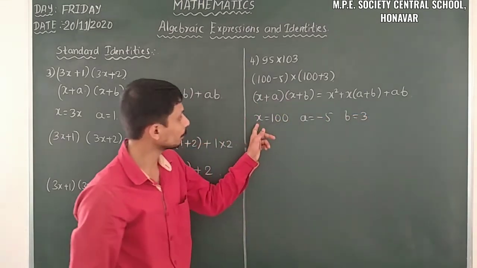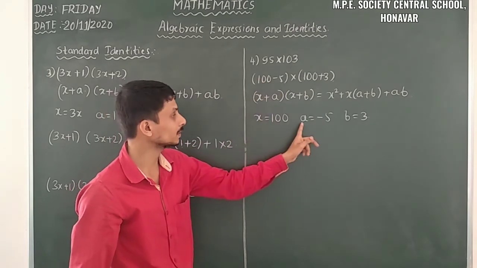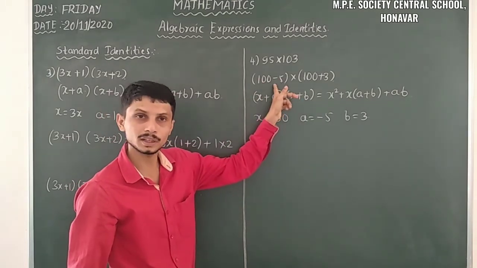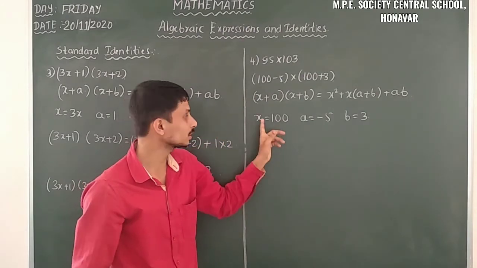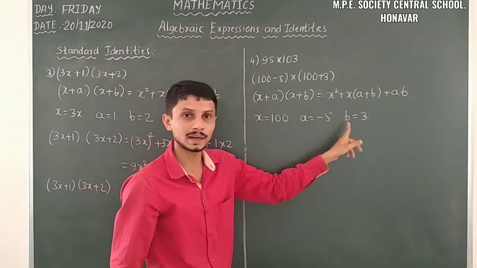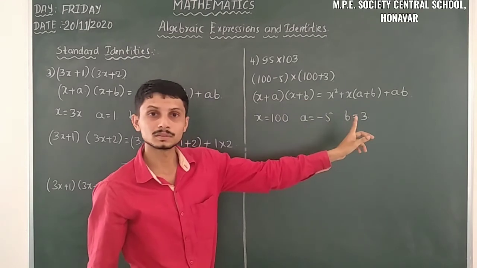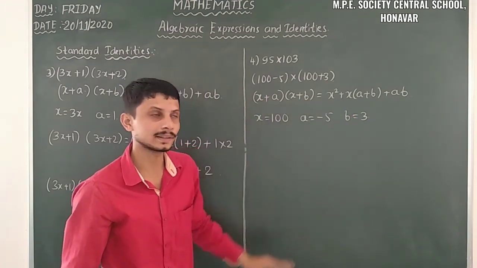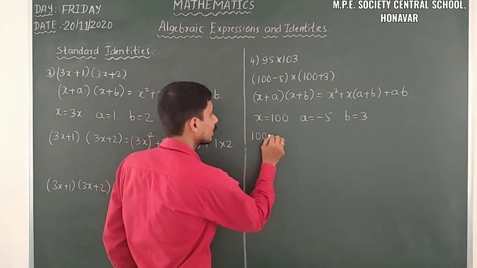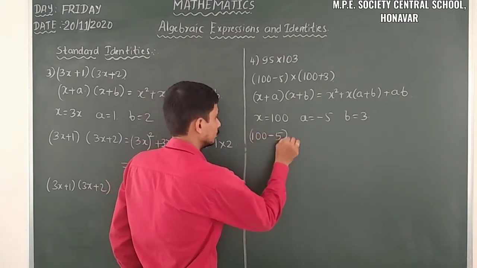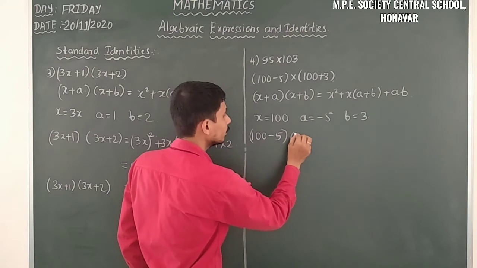So in place of x we have 100, in place of a we have minus 5, in place of b we have 3. We have to substitute these values of x, a and b in the given identity. So let us substitute 100 minus 5, then 100 plus 3.